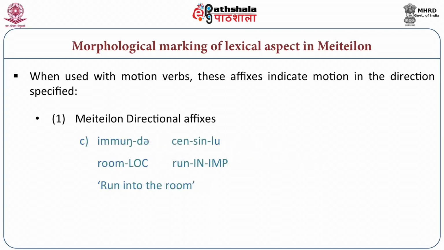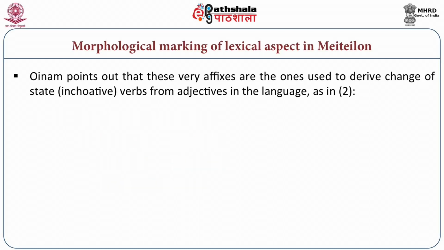The verb run into involves the root morpheme run plus sin. The verb run out involves the morpheme run plus out. Oinam points out that these very affixes are also the ones used to derive change of state verbs, inchoative verbs, from adjectives.